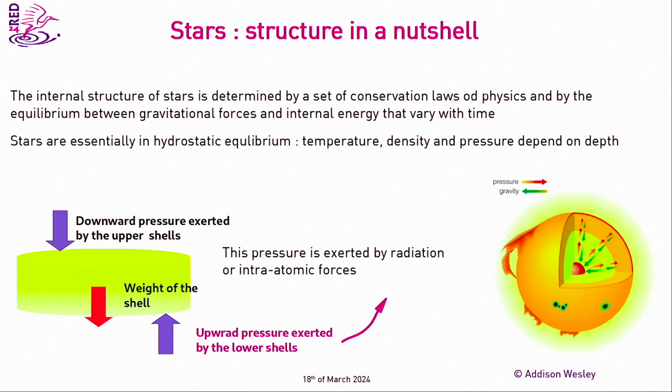So if you take a portion of a star, you will have a shell, for instance. Each shell has its own weight, and it's surrounded by matter above and below. Above, you have the downward pressure exerted by the upper shells, and below, you have the upward pressure exerted by the lower shells.